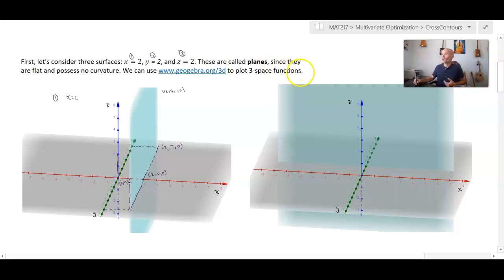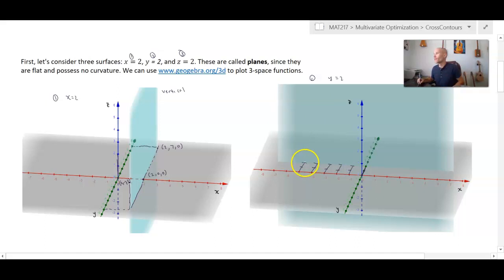Now, for y equals 2, it's the same idea, except now we move 2 units in the y direction, right? Every single point along this plane requires that we move 2 units in the y direction. And at that point, once y is 2, x can be anything and z can be anything.